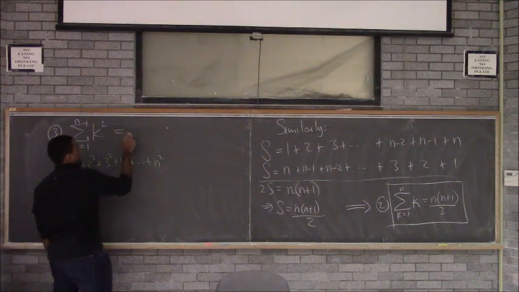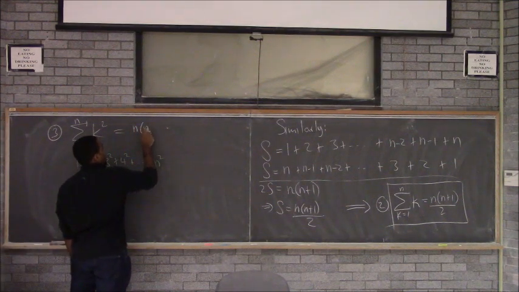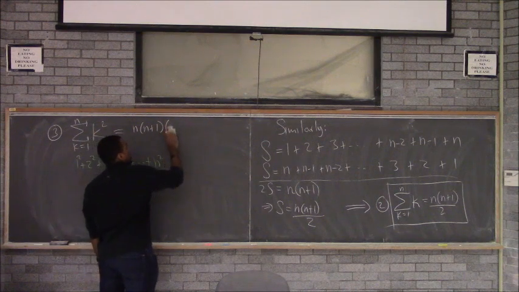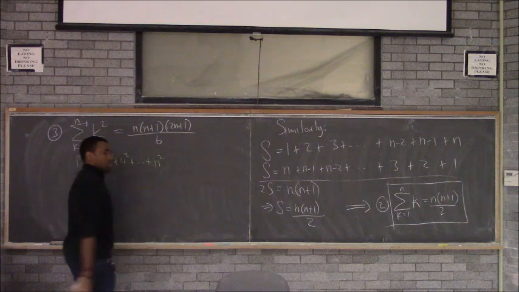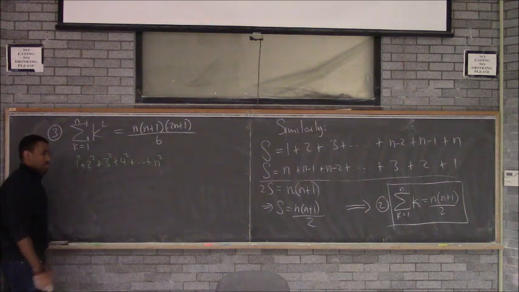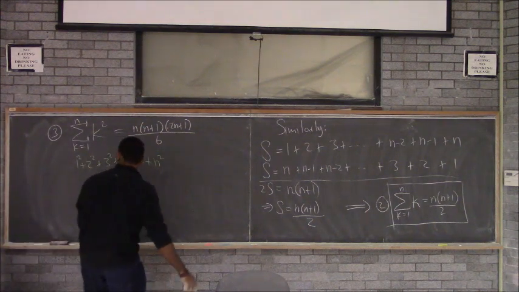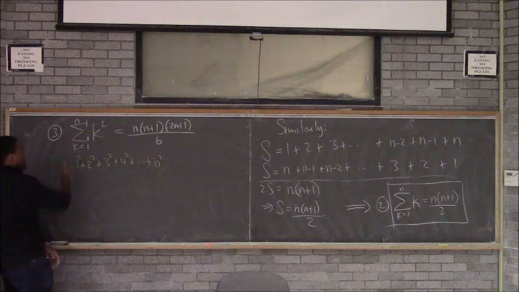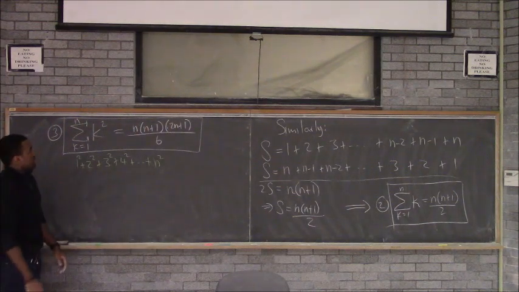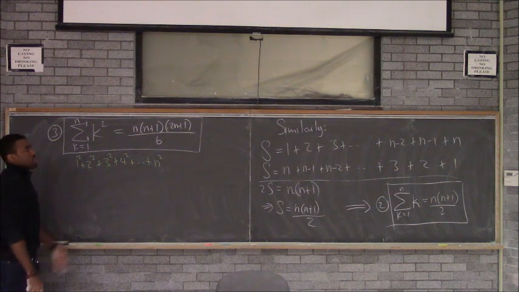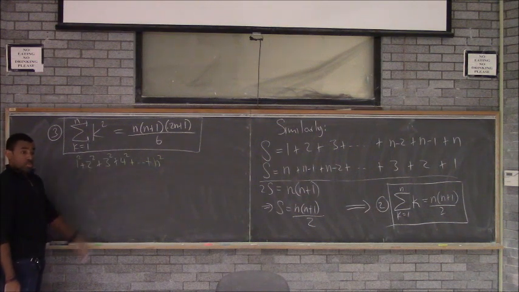Turns out that is going to be equal to n times n plus 1 times 2n plus 1, all over 6. It's a very important formula. You have to have it memorized. All the formulas that I'm giving you, you should have memorized. So that's another one. If you want to add up the first n squares, that's what it's going to add up to.